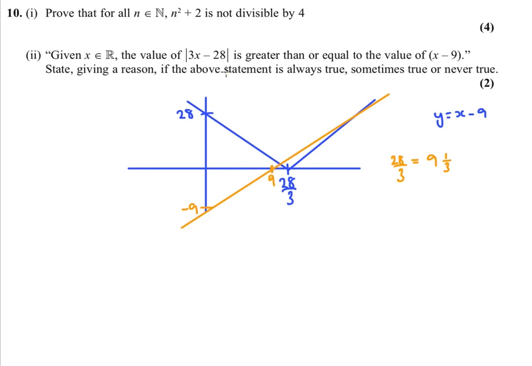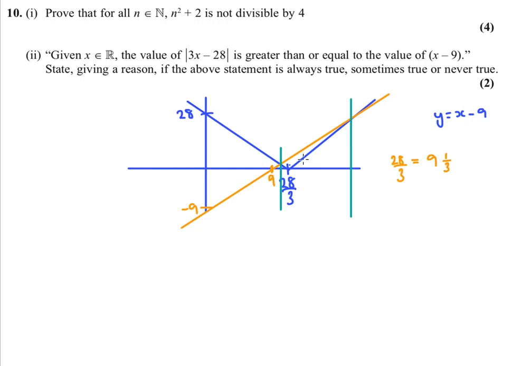Because that now shows that in this little section here, whatever those numbers are, x minus 9 is actually greater than the modulus of 3x minus 28. So the answer to the question is that it's sometimes true.